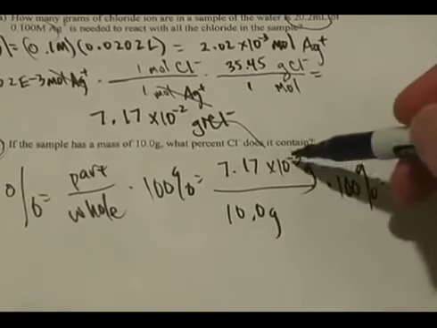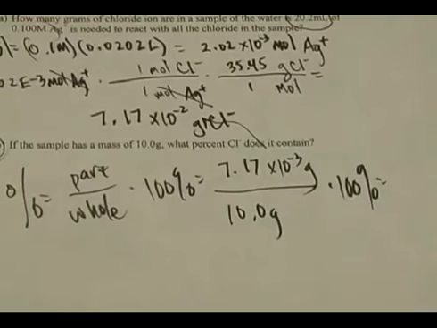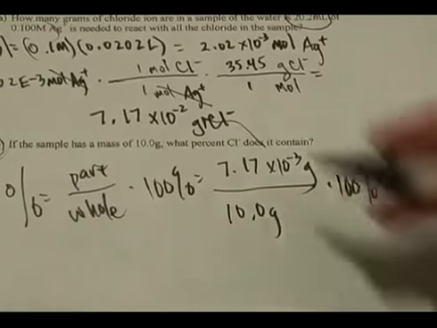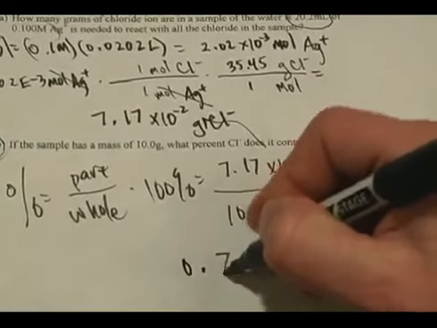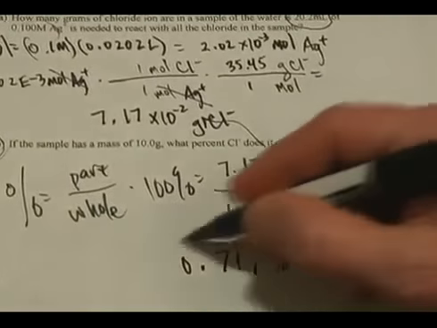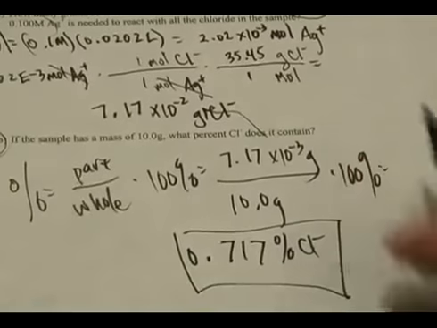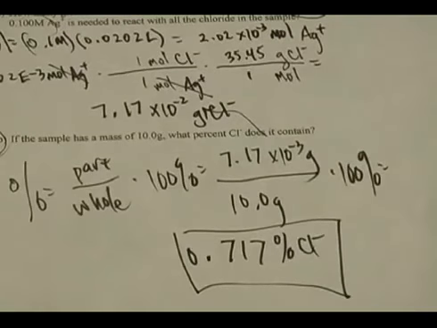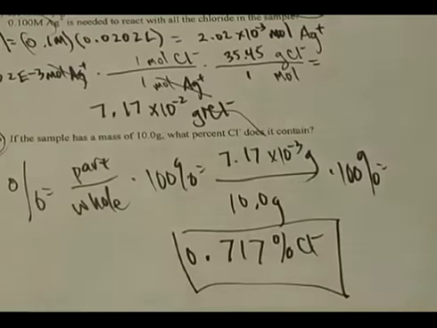And if you take this number divided by 10 times 100, we end up with 0.717% chloride ion in the sample. Good luck with your solution stoichiometry problems.